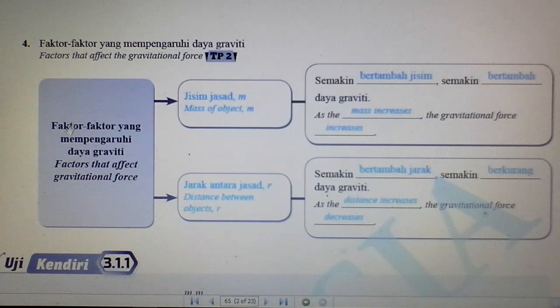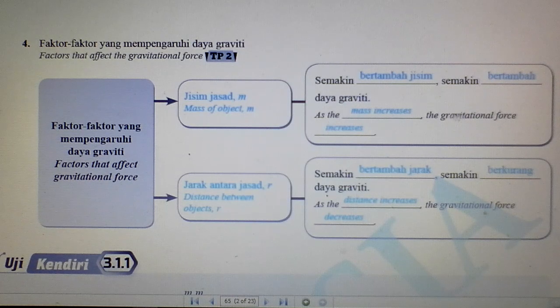Next, we want to discuss the factors that affect gravitational force based on the formula. There are two factors that affect gravitational force: the mass of the objects m and the distance between the objects r.